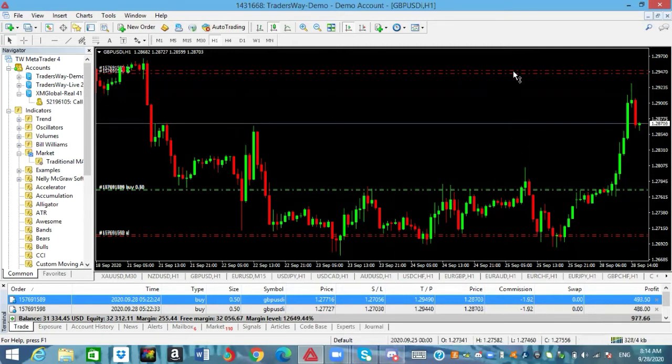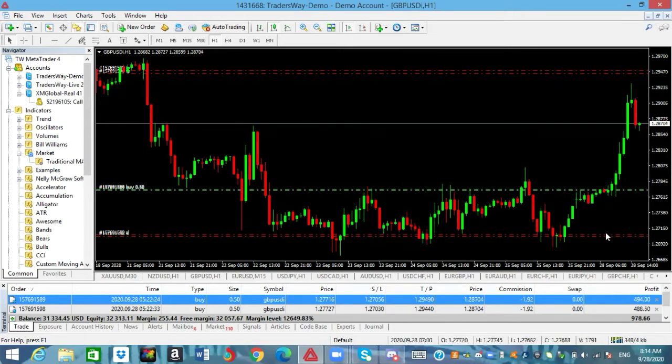Here I have my take profit up at the top right here, and it did hit my take profit, right guys, and here I have my stop loss. So what I want to do now is secure my profit, to make sure that it doesn't go back all the way down and then take me out of profit.